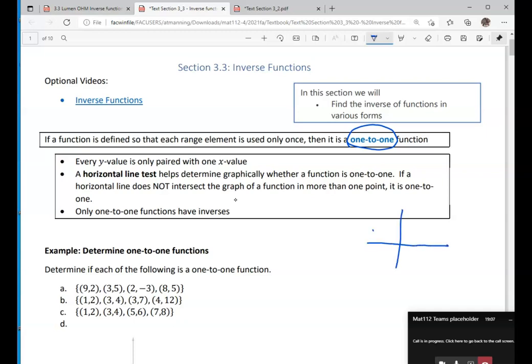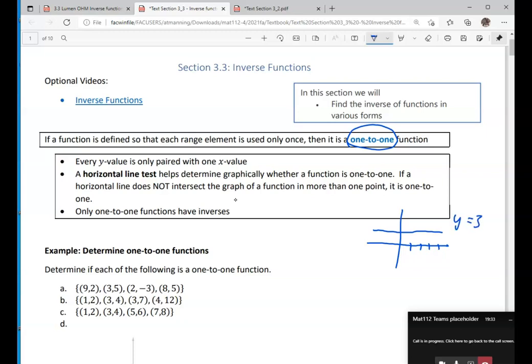So, for example, if I have a function that's a horizontal line, is that one-to-one? For every x, I get the same value. It's a function, it passes the vertical line test, but it's not one-to-one, because I can have many x's give me, let's say, y equals 3.